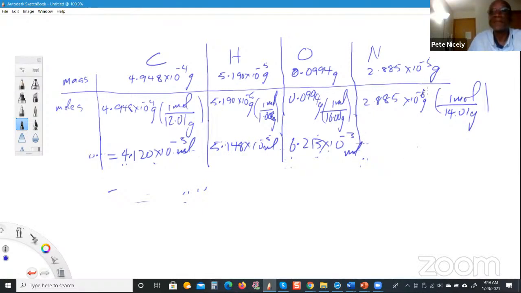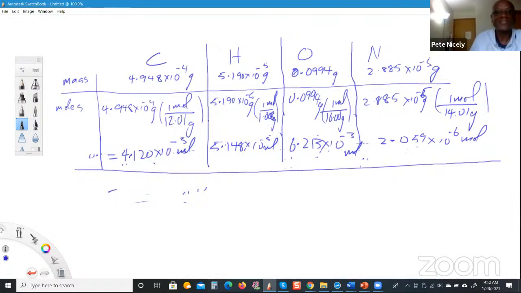This should be minus 5. So 2.885 times 10 to the minus 5 divided by 14.01. According to my calculations, this works out to be 2.059 times 10 to the minus 6. So these are all the mole values for these different elements.